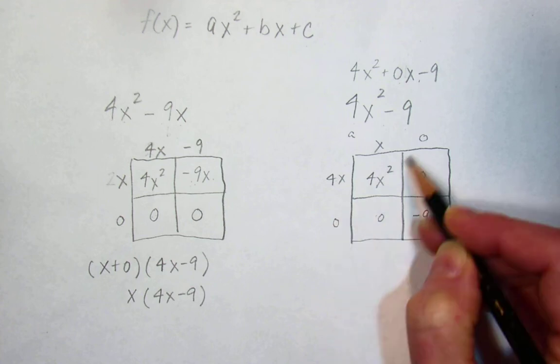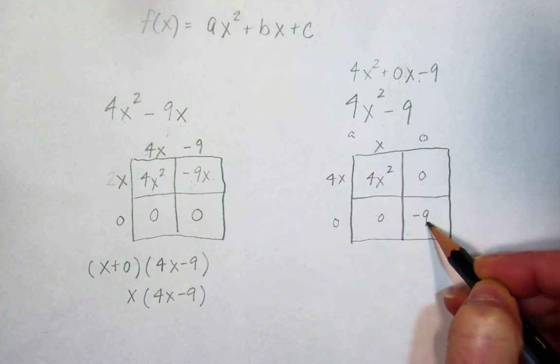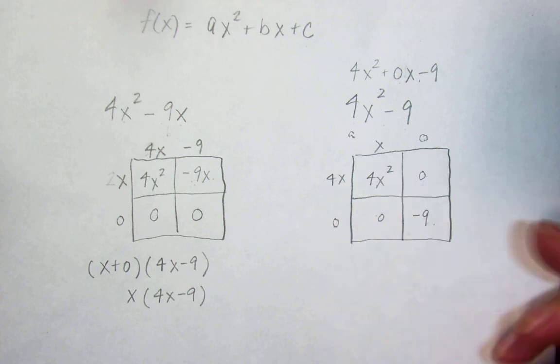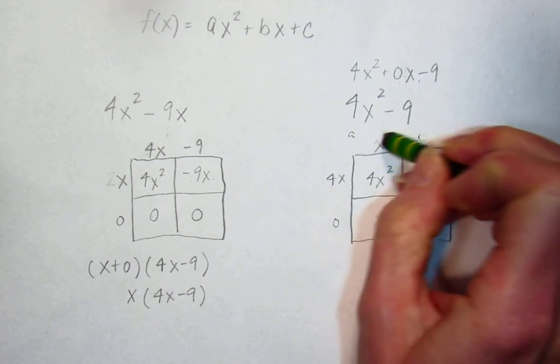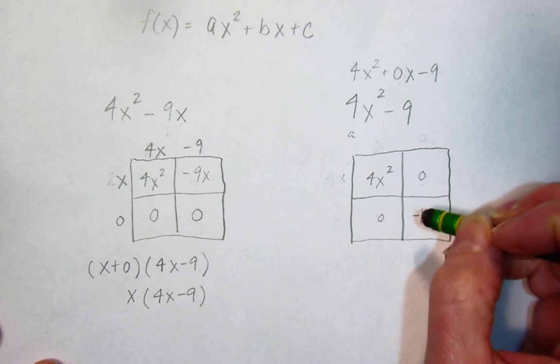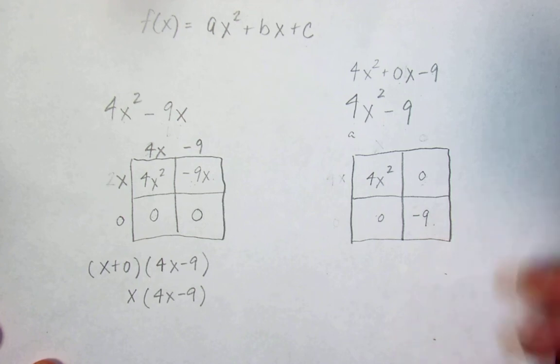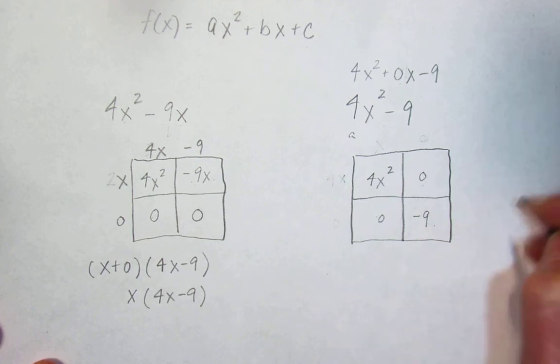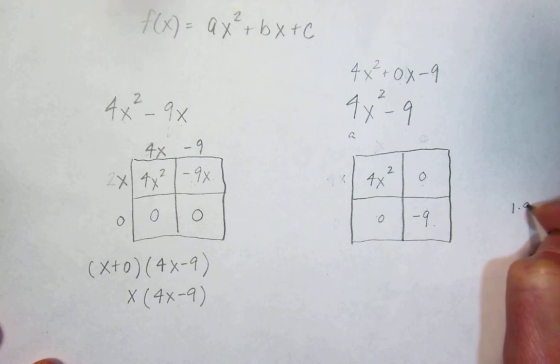But wait, 0 times 0 is 0. Does that match what we want? No. So let's try something else. Let's try what makes negative 9. We could have 1 and 9, or we could have 3 and 3.